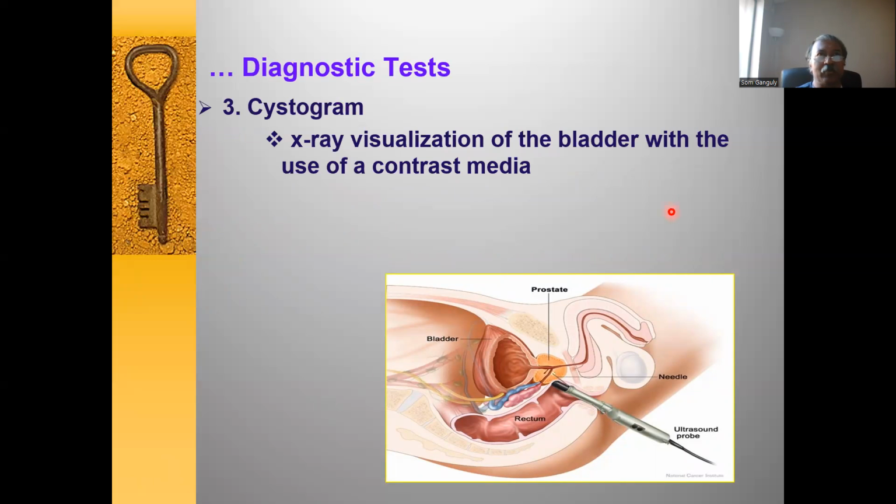Diagnostic tests like cystogram. When you see gram, that means a graphic examination, so a graph will be placed. Cystogram is also an X-ray visualization of the bladder using a contrast media. Gram means visualization or X-ray visualization. Cystogram.